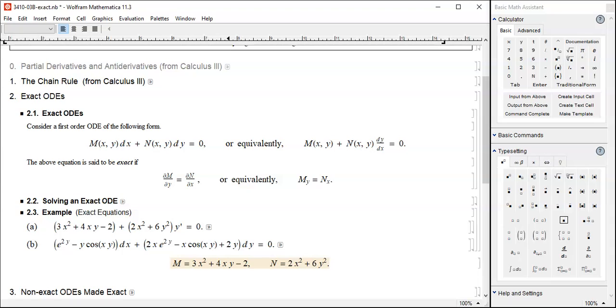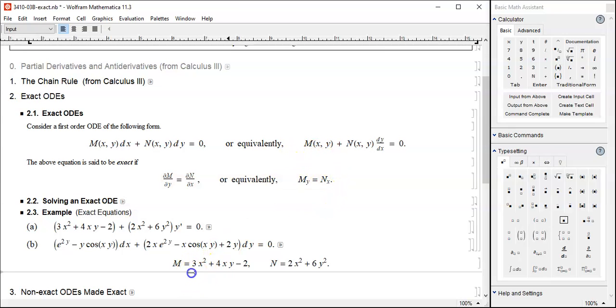Let's check the partial derivatives: the partial derivative of M by y equals the partial derivative of N by x. Which notation do you prefer, the dM/dy notation or the M sub y notation? My preference is this one.